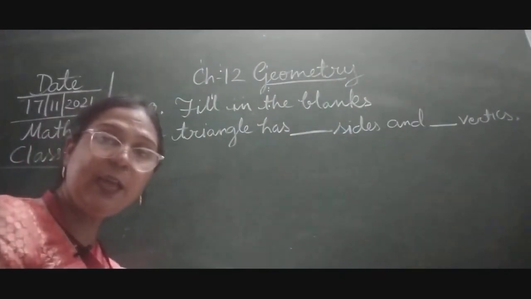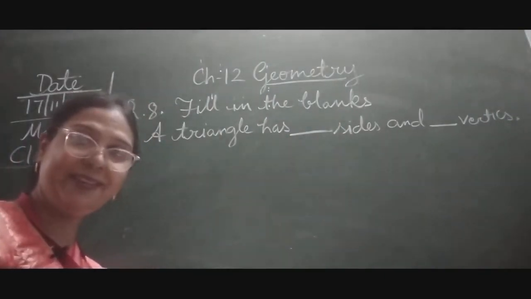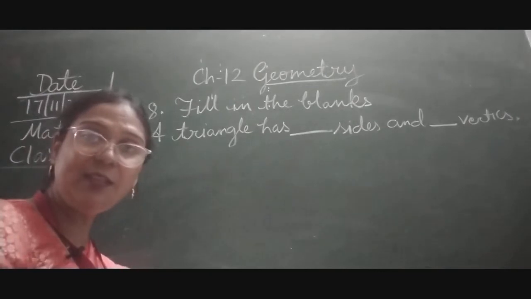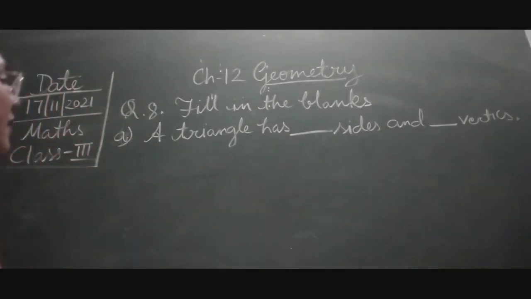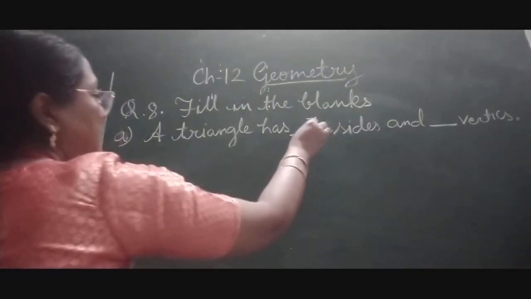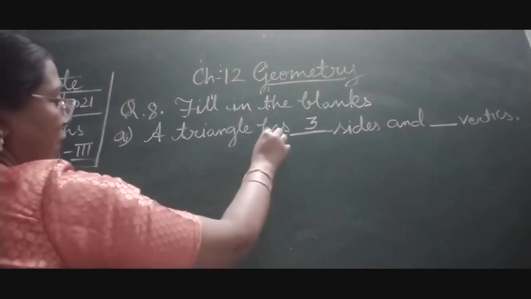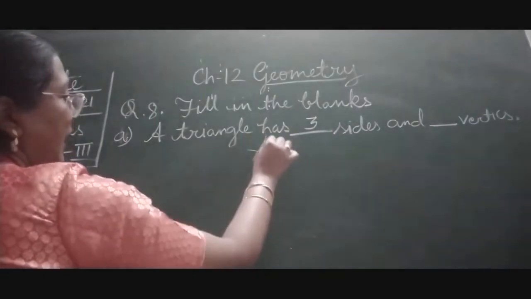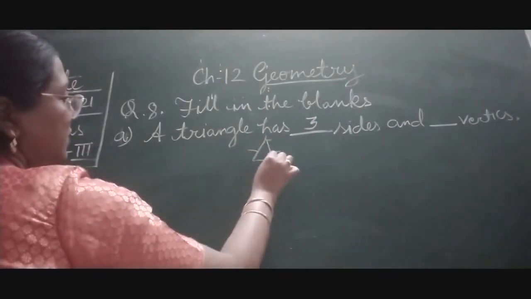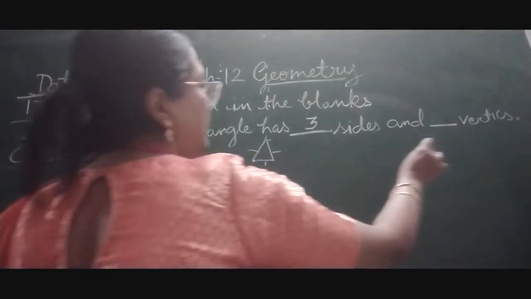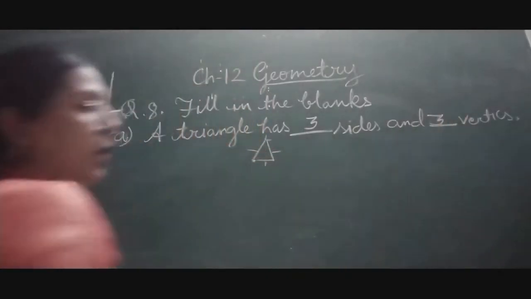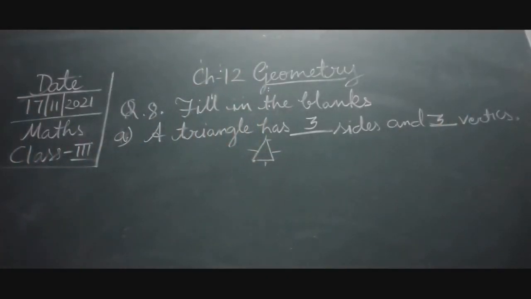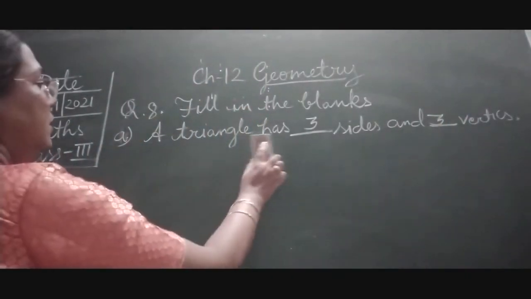There are 3 sides and 3 vertex. I am just drawing over here. You can see 3 sides and 3 vertex. Vertex means corners. So 3 sides and 3 vertex children. Okay, so completed children.